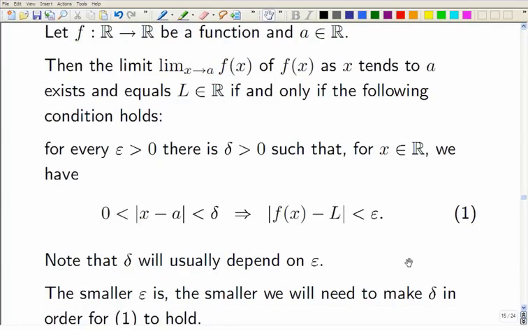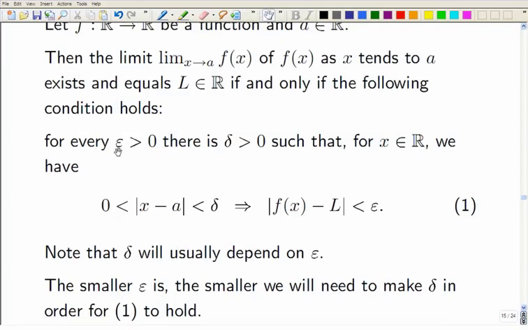If you make epsilon smaller, you probably need to make delta smaller. But every time somebody re-chooses epsilon for you, you're allowed to choose a different delta depending on that epsilon, as long as you know that no matter which epsilon somebody chooses, you can choose a delta that works for that epsilon. That's the meaning of this: for all epsilon there exists a delta. You don't expect to get there is a delta that works for all epsilon.